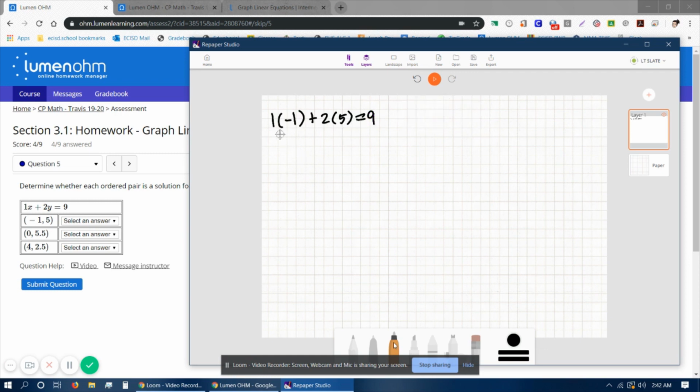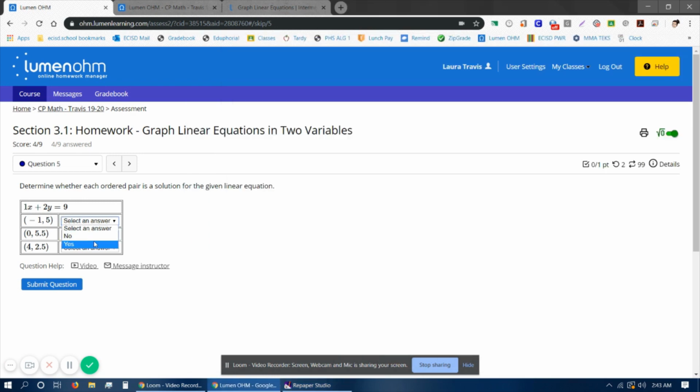So let's start simplifying it. 1 times -1 is going to give me -1. 2 times 5 gives me 10. And it's supposed to equal 9. So -1 plus 10 does give me 9. And 9 equals 9. So this one is a solution for the given linear equation.